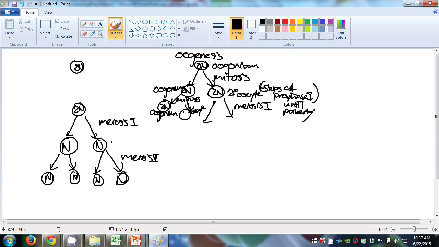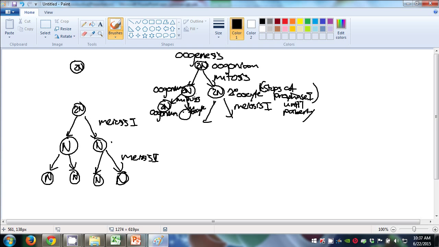And even at puberty, not all the primary oocytes will start to undergo this process. A lot of them still stay there. You just have a few of them that will finish meiosis 1 every month, basically. And every month you have a few more, so on and so forth.